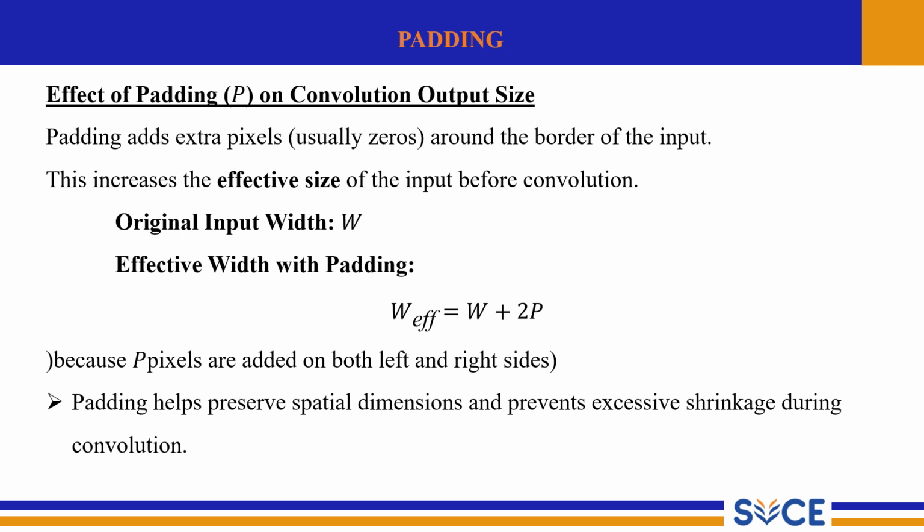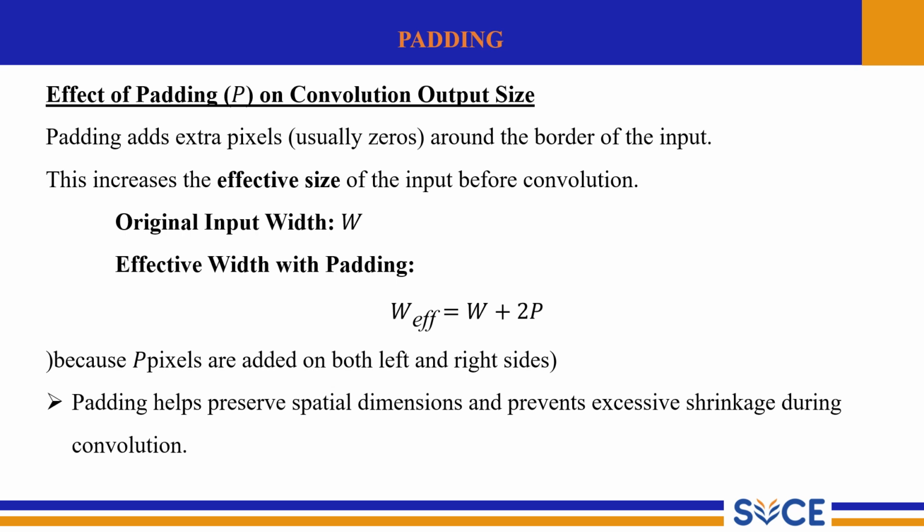Effect of padding on convolutional output size. So padding, usually denoted by P, refers to adding extra pixels, most often zeros, around the borders of the input image. By doing this, padding increases the effective size of the input before the convolution operation is applied.